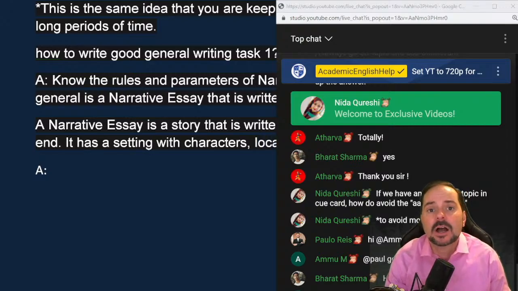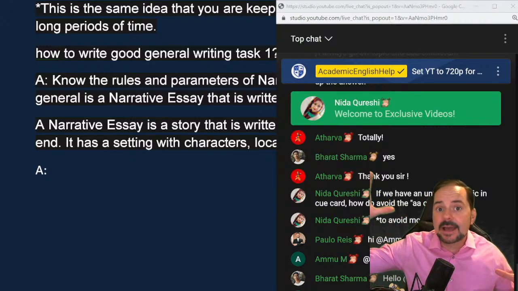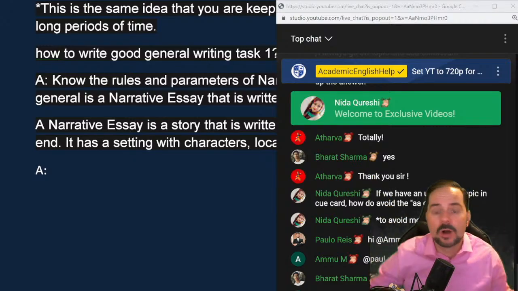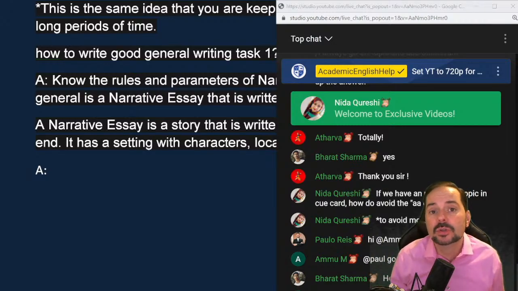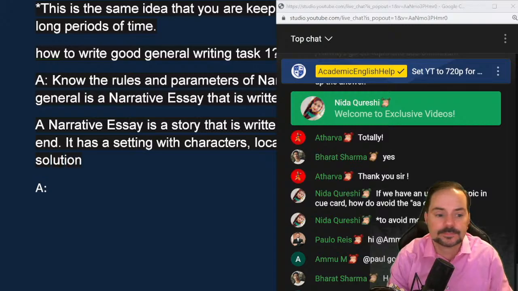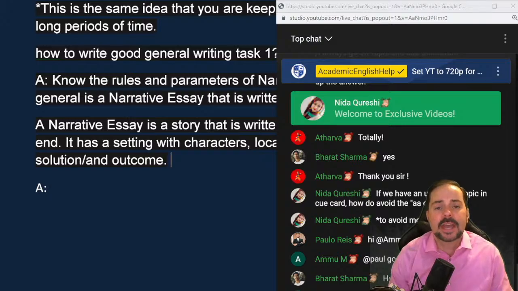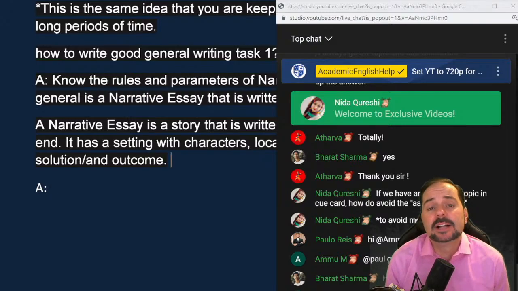It has the main story, a climax, so some kind of a conflict or problem or a surprise that it builds up to, and then a solution. All right, so it has all of those. And Task 1 for the General IELTS is exactly that.